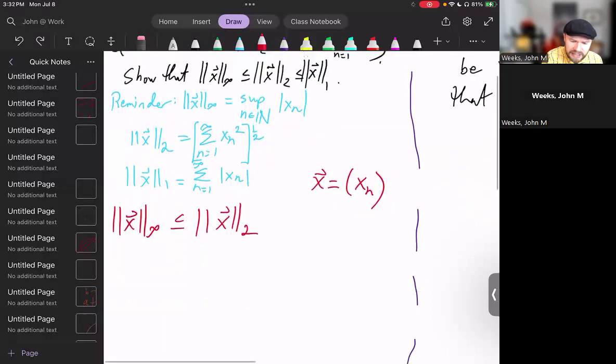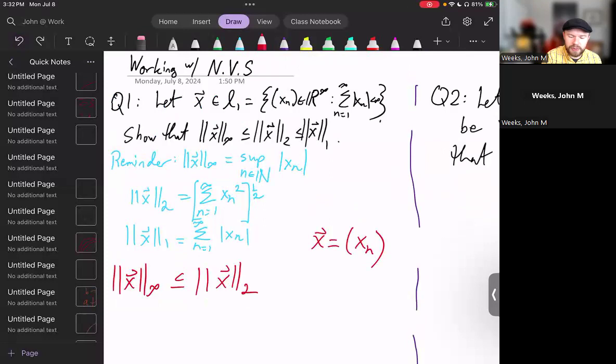First, let's define what it means to be the infinity norm. Note that this supremum signifies that we may not necessarily have a maximum element inside of this sequence. It may only be a supremum.